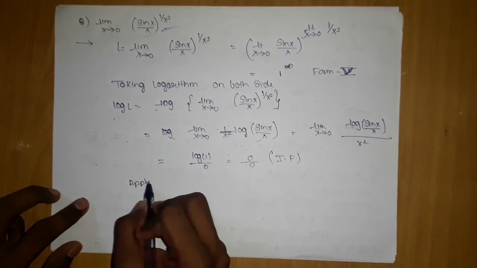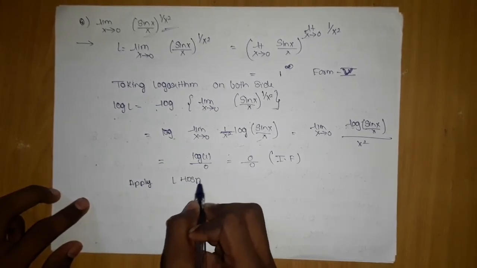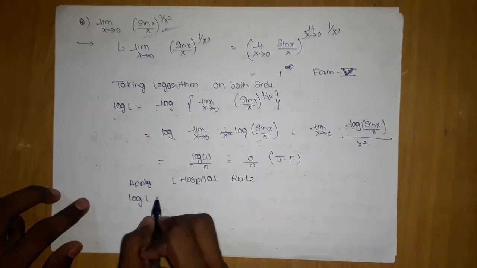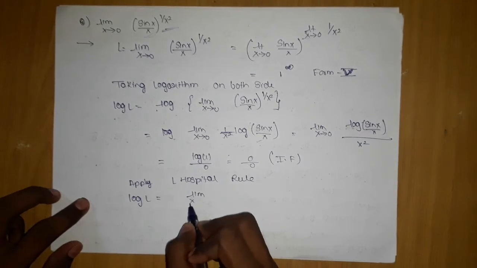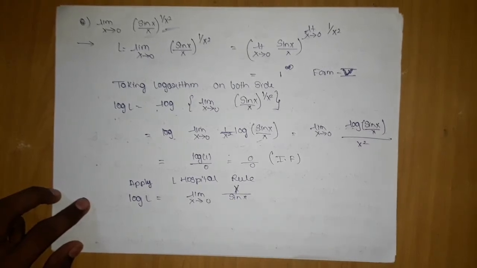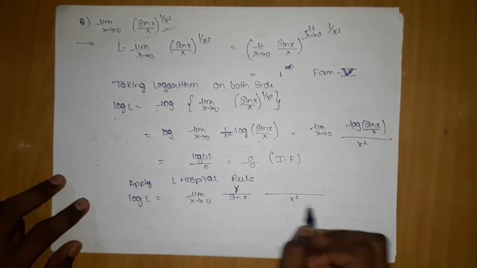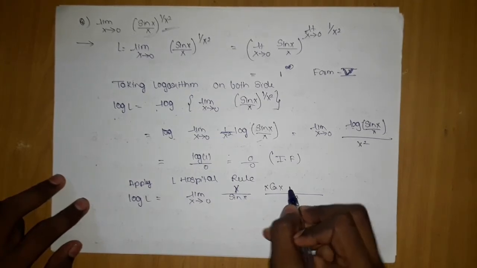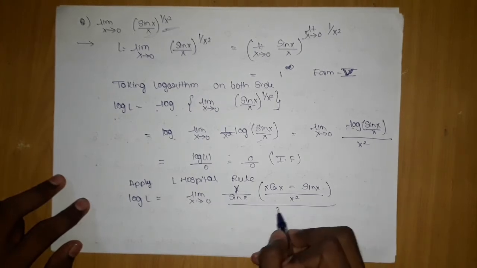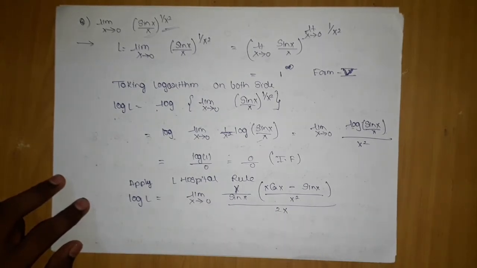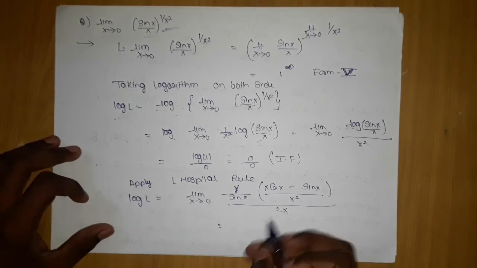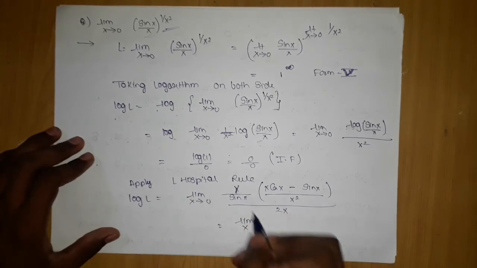Apply L'Hopital's rule, we get this thing. We will get x square times (x cos x minus sin x), the whole upon 2x. What we can do is distribute the limits so that we don't need to simplify this.